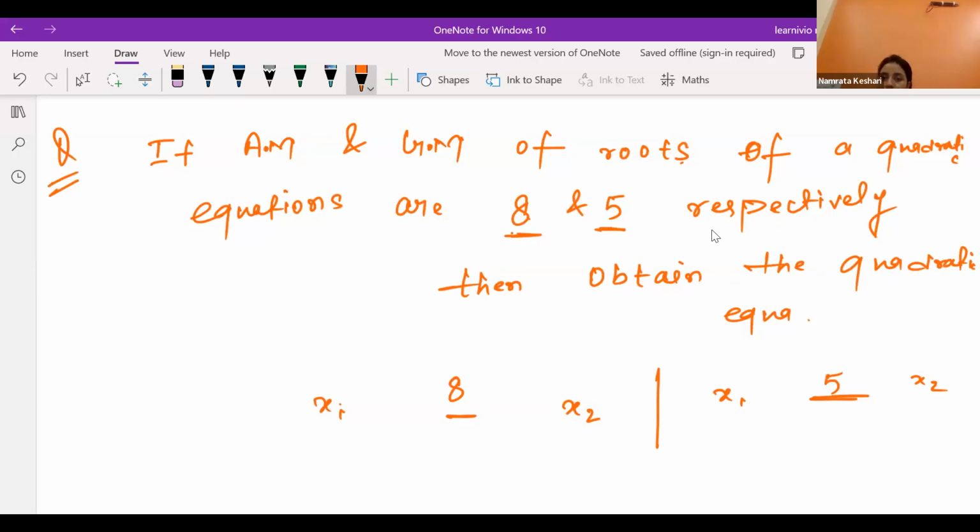The roots x1, x2 value only we have to find, and then easily you will be able to frame the quadratic equation. Have you found, Ali and Alina?